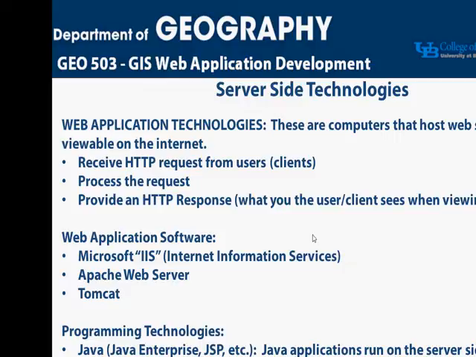Other similar programs that do the same thing are Apache Web Server or Tomcat. Many organizations use Microsoft IIS. So when that server in Atlanta that runs CNN gets the request, this person wants to see the CNN webpage, the software that handles all these requests, processes them, and sends the result back is Microsoft IIS.